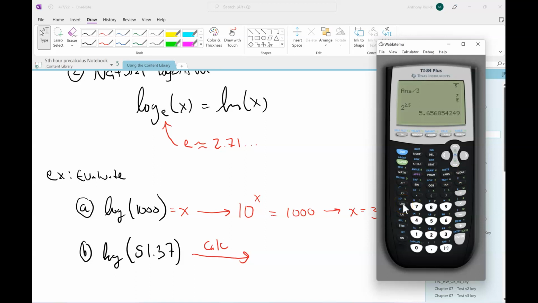Notice the log button, common log, is right here. I can just type into my calculator log of 5137. There it is. So what is this 3.71 number meaning? That's the power of 10 that should give me 5137.